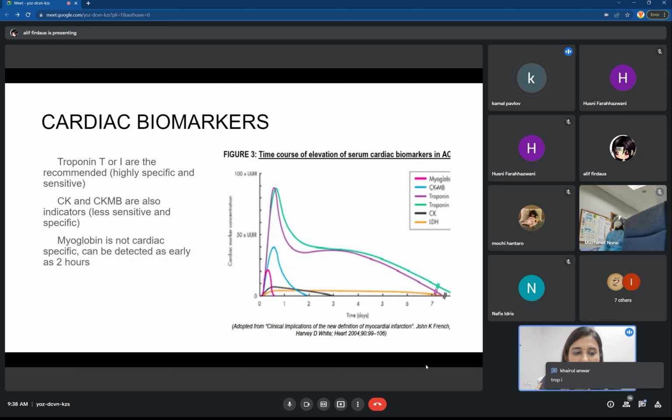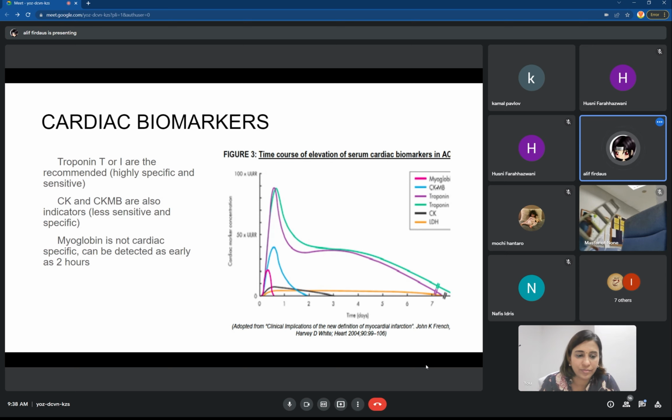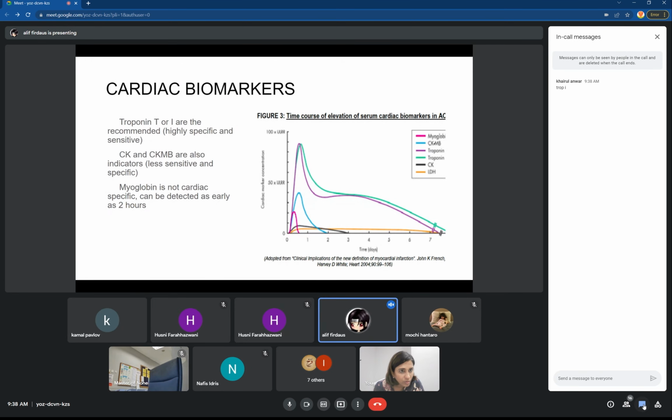Which cardiac marker you all want to take? Someone answered in the chat, Dr. Vila. Troponin I, Khairul Anwar. Okay, ada lagi answer? Yes, chest pain 10 o'clock, presented to us at 11 o'clock.